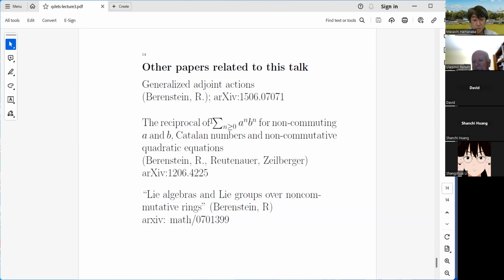I will give all references on arXiv, but it's published in some journals, so I can give references to the journals if needed. And so probably I will stop here.